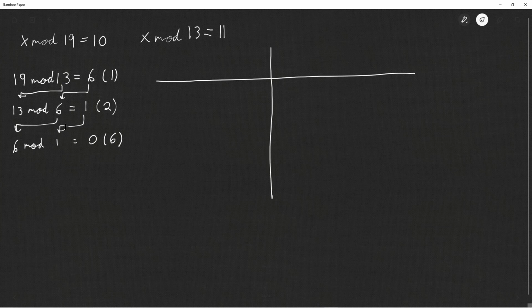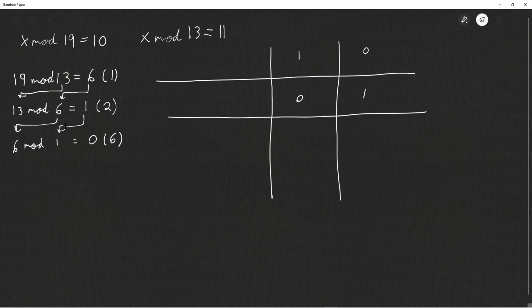So with the Chinese Remainder Theorem, we're going to set up a chart where we have 1, 0, and then 0, 1. And these two spaces in this column will be empty. However, we're going to need a row for every row that we have during our extended Euclidean algorithm.